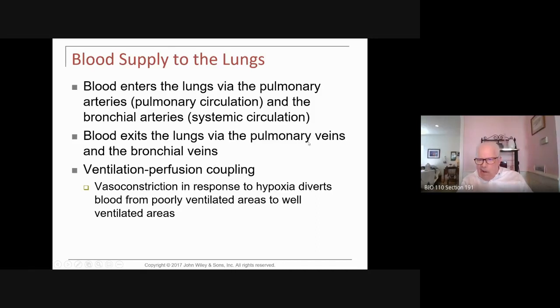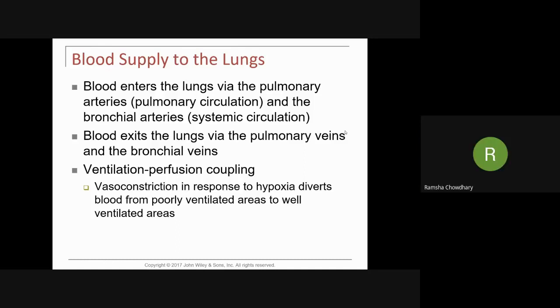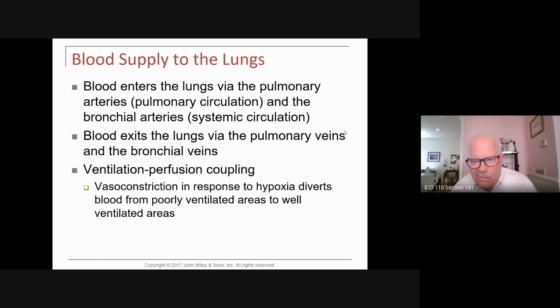Where do the pulmonary veins eventually go? What do these pulmonary veins empty into? That would be a good question on exam number 2. Does anybody know? Is it back to the heart? Yes, back to the heart.